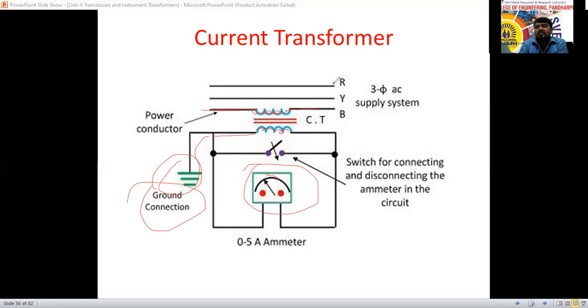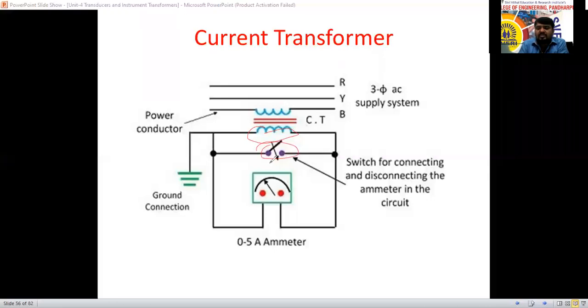Okay, listen carefully now. The EMF will be induced in the secondary winding because of the current flowing in the primary winding. The number of turns is more in the secondary winding, so it will step down the current. We are using one switch here, and here we are connecting one ammeter.